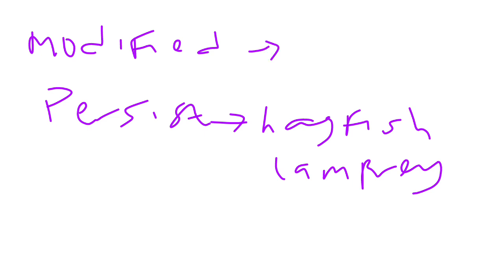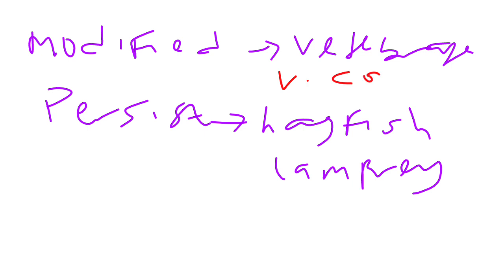And it can be modified into a vertebral column. Or don't let me say humans, let me say in vertebrates. In vertebrates, it is modified into the vertebral column. You understand? So in hagfishes, it persists.